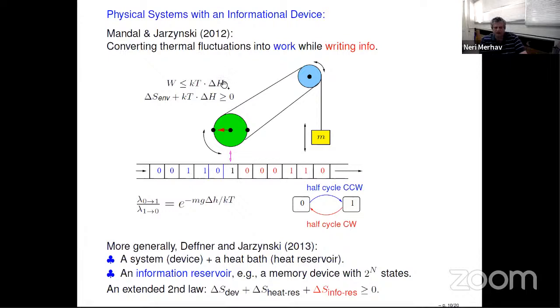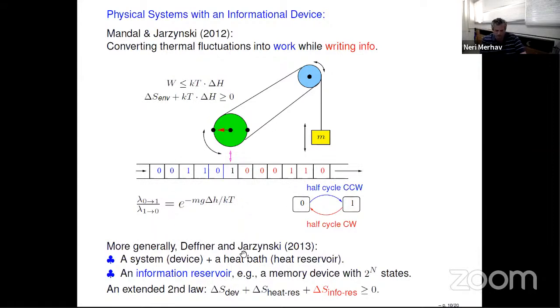And the difference in entropies is an upper bound on the work that we can extract, or it can be put in the form of the second law, that the total entropy change, including the informational ingredient, must be non-negative.